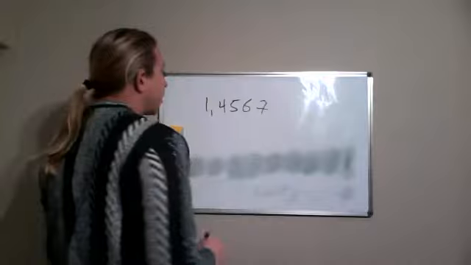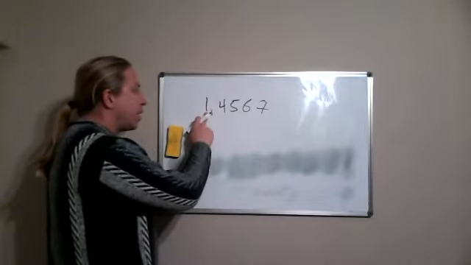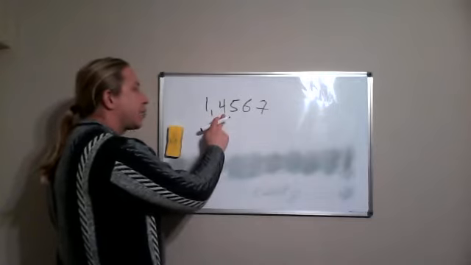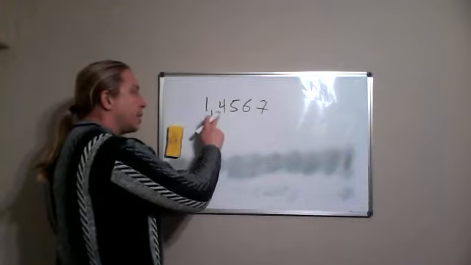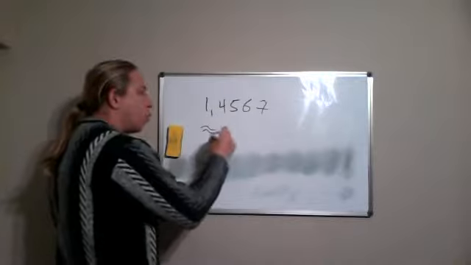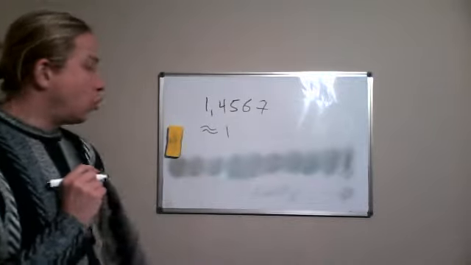Rounding off to the whole number. Here's my whole number. We look to the number to the right. If this is 5 or greater, we add 1. This is 4, so we keep this number the same. So this is approximately 1. Okay, because we rounded off to the nearest whole number.